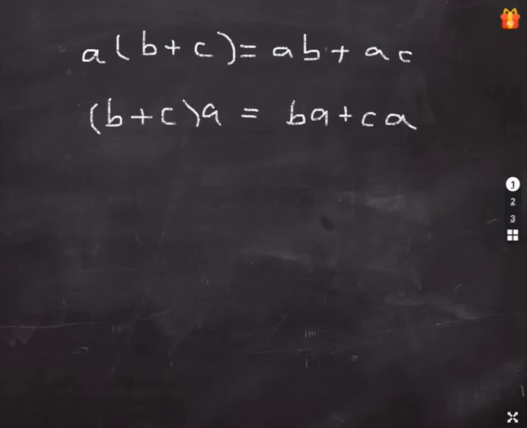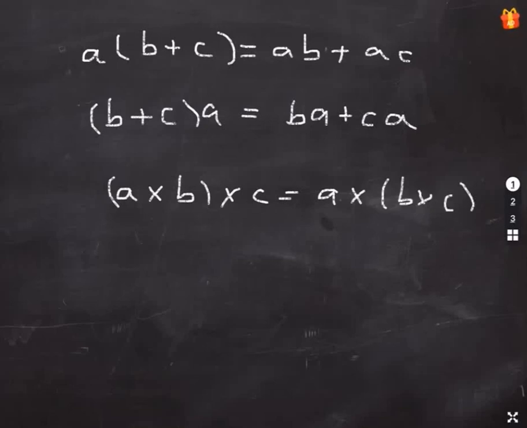Multiplication is associative: again for these three natural numbers, (a times b) times c is a times (b times c). And I want to write this for short as a times b times c, because it's associative.